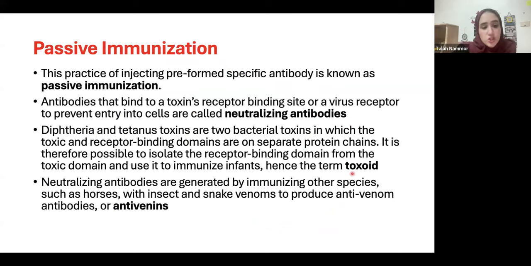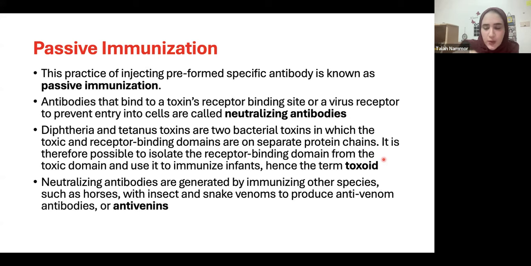We have toxoids. What are toxoids? From the name, it's like a toxin. You know diphtheria? I'm pretty sure you guys know it. Diphtheria and Clostridium tetani are infections due to toxins that they form. The symptoms are there because of the toxins that they release. So you can give something called toxoids.